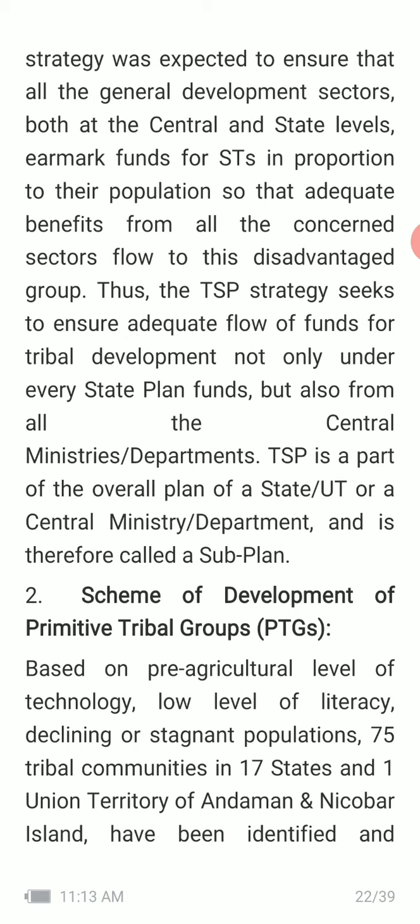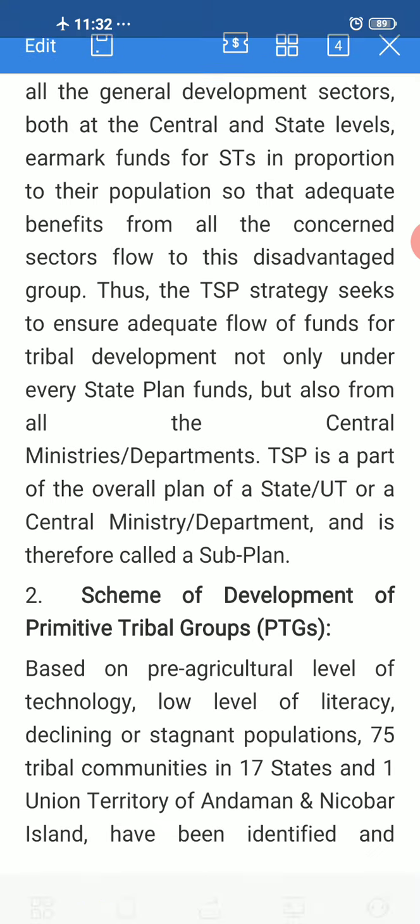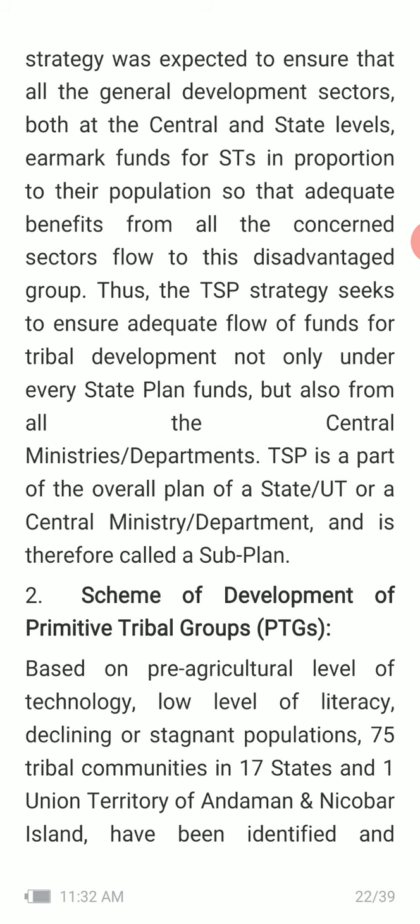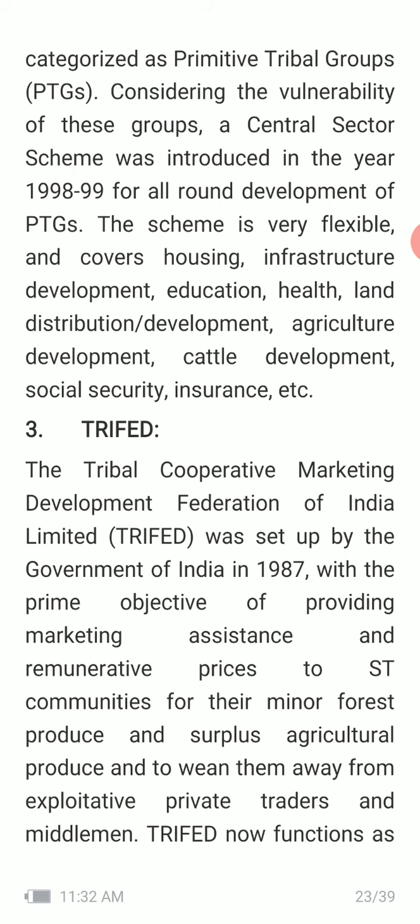The next scheme is the scheme of development of Primitive Tribal Groups, that is PTGs. Based on the pre-agricultural level of technology, low level of literacy, and declining or stagnant population, 75 tribal communities in 17 states and one union territory of Andaman and Nicobar Islands have been identified and categorized as primitive tribal groups.